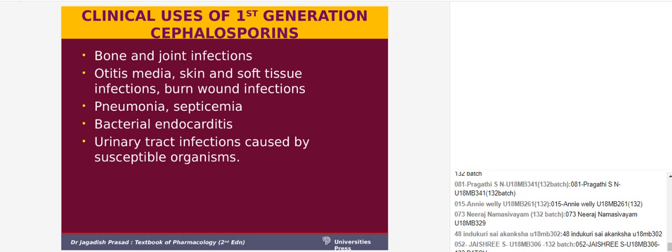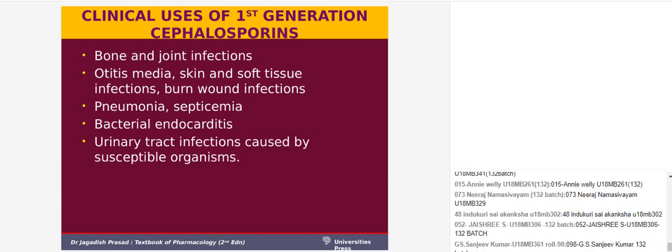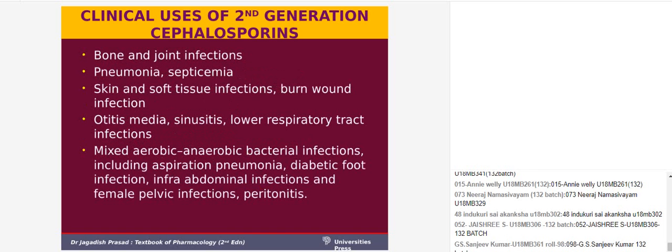The first generation drug used as prophylaxis in surgery is cefazolin. Okay, that is the only drug used as prophylaxis in surgery. So we cannot use them in meningitis. That is the point we have to remember.